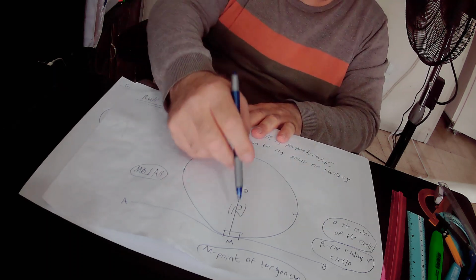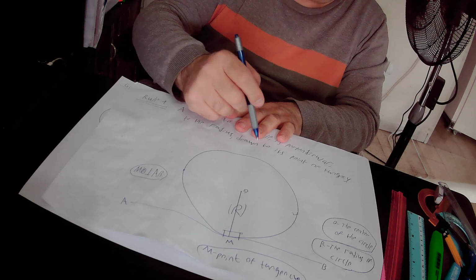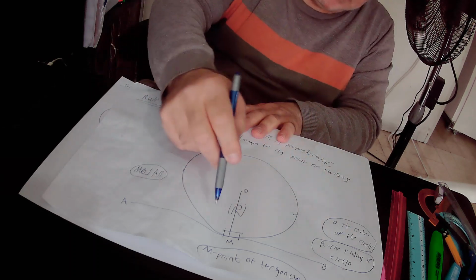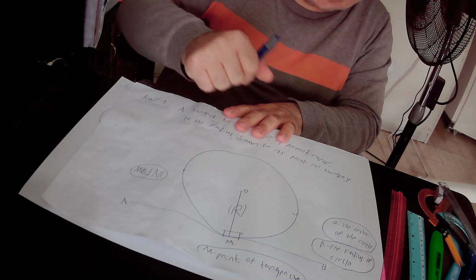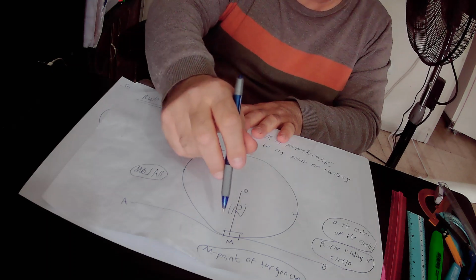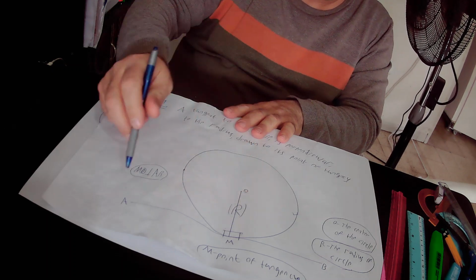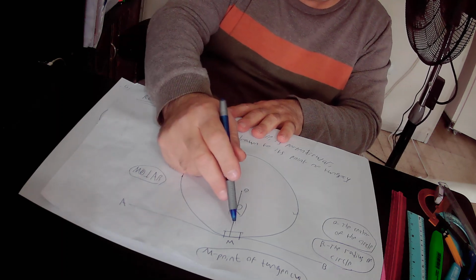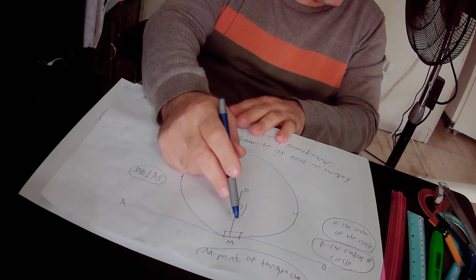And we have the radius OM that is equal to R. The radius OM is drawn to point M, the point of tangency. And whenever you have a radius drawn to the point of tangency, tangent AB will be perpendicular to the radius MO. If AB is perpendicular to MO, it means that this angle equals 90 degrees and this angle also equals 90 degrees.